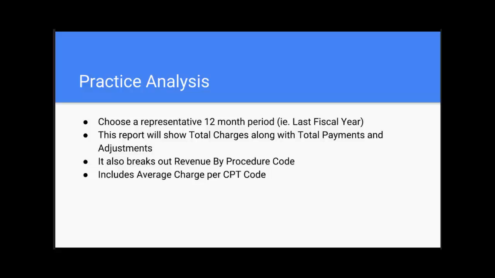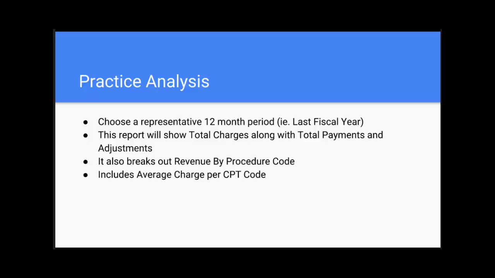That practice analysis report that I would like to ask that you run is the first part of taking the measurement of how the practice financials are doing. When you run that report, you want to choose a representative 12-month period. Make sure you choose 12 months where you've really had a chance to post as much of typical insurance and patient payments as possible.